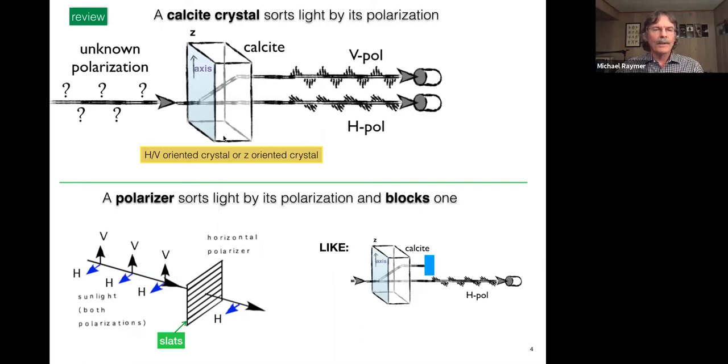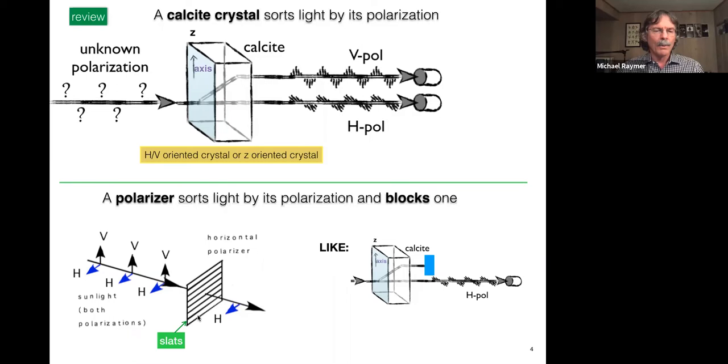And this is similar to the calcite crystal, except it blocks or absorbs one of the polarizations and it's lost forever after that. We can no longer recover that because its energy has been deposited into the plastic film. But one of the polarizations in this example here is H, which passes through.